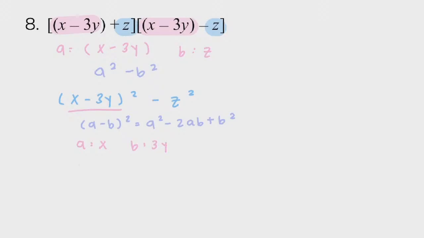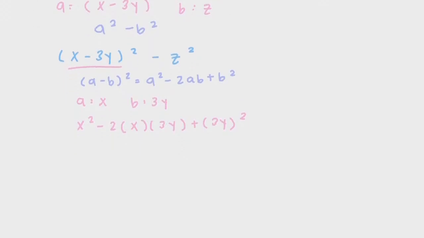So that becomes x squared minus 2 times x times 3y plus 3y squared. And that means that this part will multiply out to x squared minus 6xy plus 9y squared.